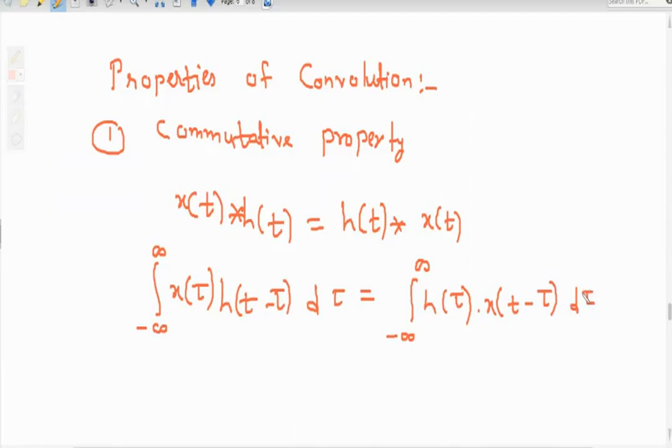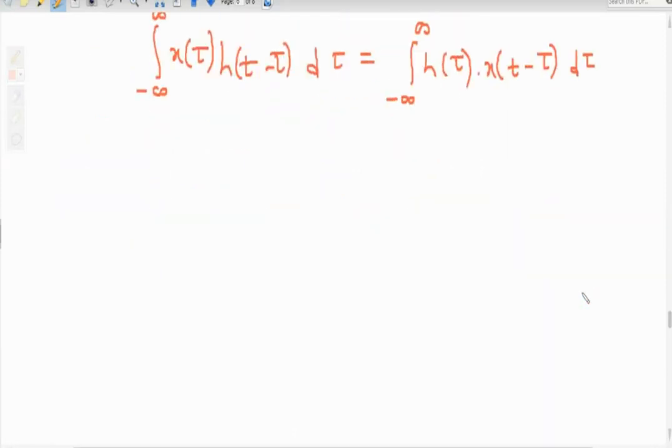Then the second property is the associative property.